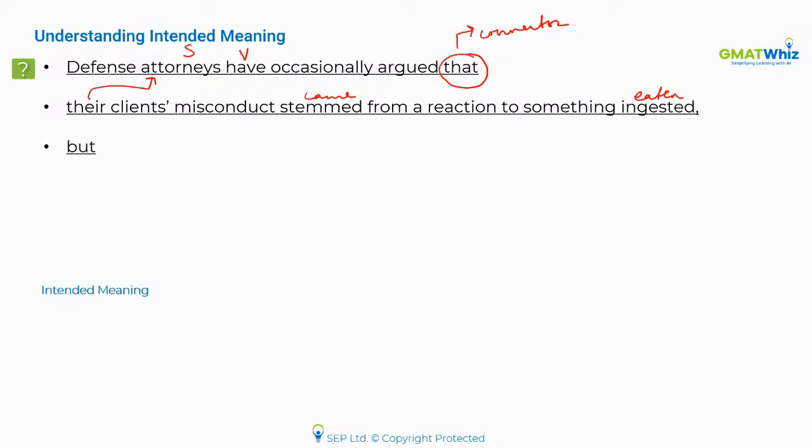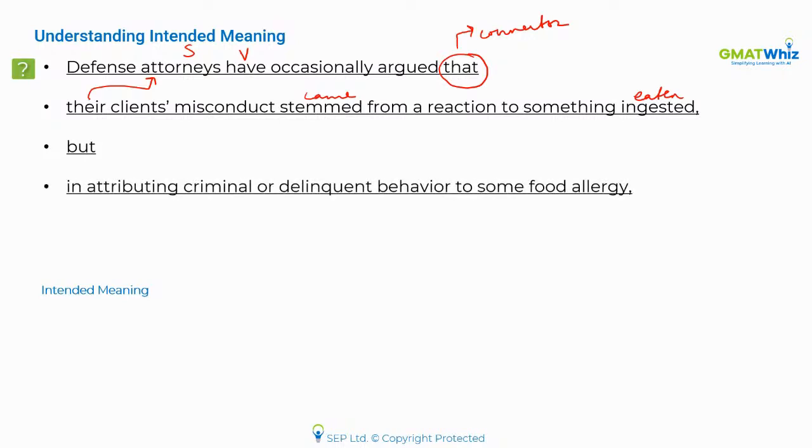But so clearly a contrast is going to come up. So far we have the argument of the attorneys, and now let's see what is coming next. In attributing criminal or delinquent behavior. So even if you don't know the meaning of delinquent, it means something similar to criminal. So in attributing here is an ing phrase, a prepositional phrase, a preposition plus an ing.